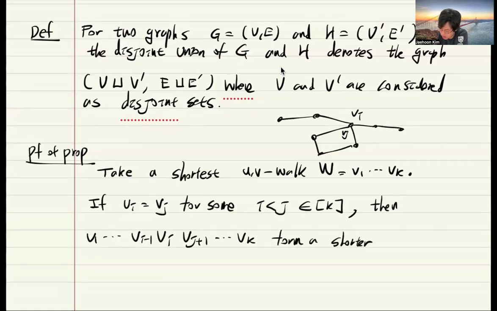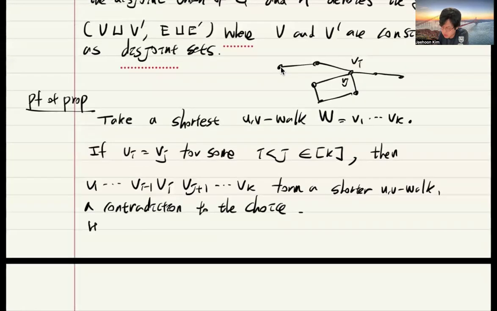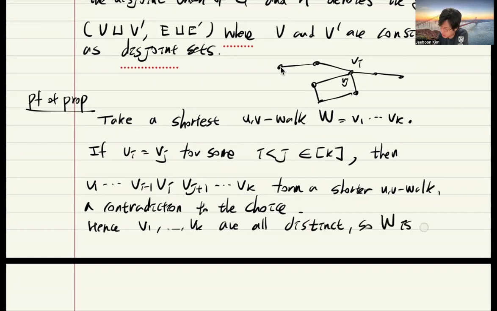A shorter u-v walk, which is a contradiction to the choice. Hence, v1 to vk are all distinct. So W is the desired path. Yes, it is the path from u to v.